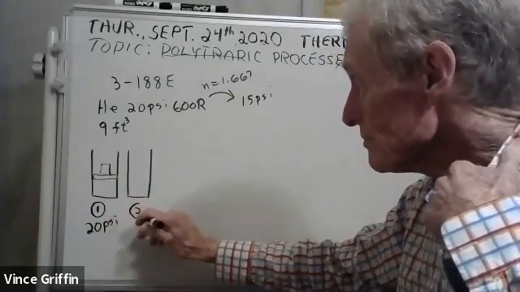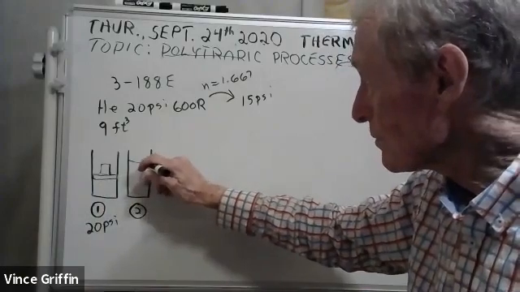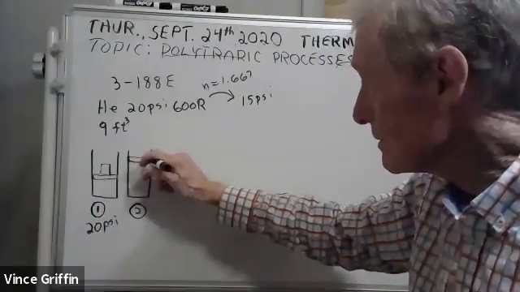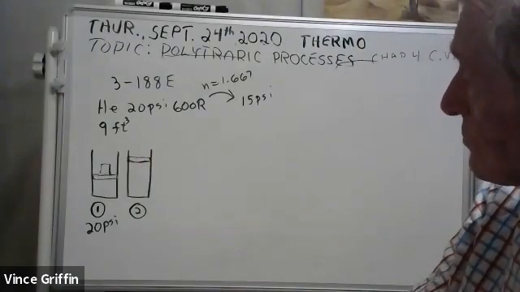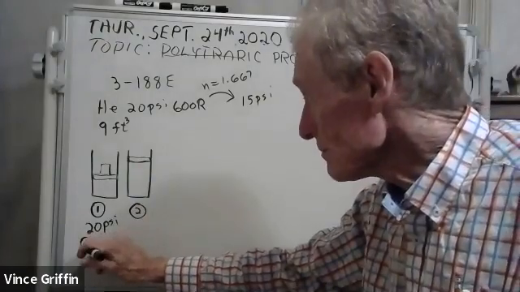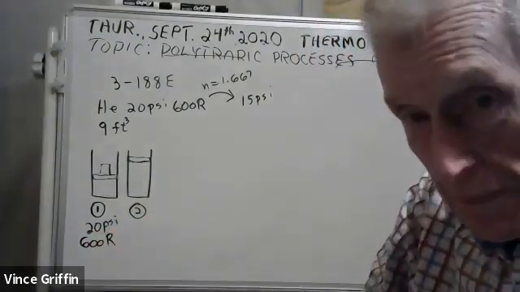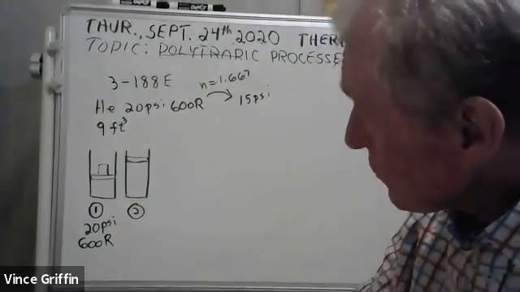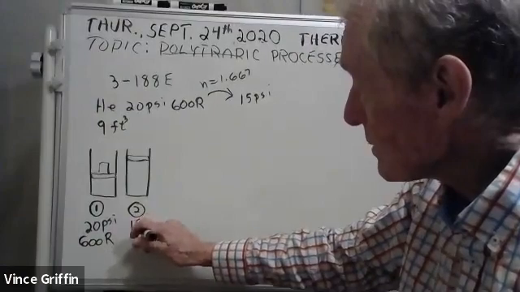Now at state 2, they take that weight off, and guess what? The piston goes up a ways. That makes sense. It expands. And now you start off at 600 Rankine. It's going to get colder. This is going to be 15 psi.